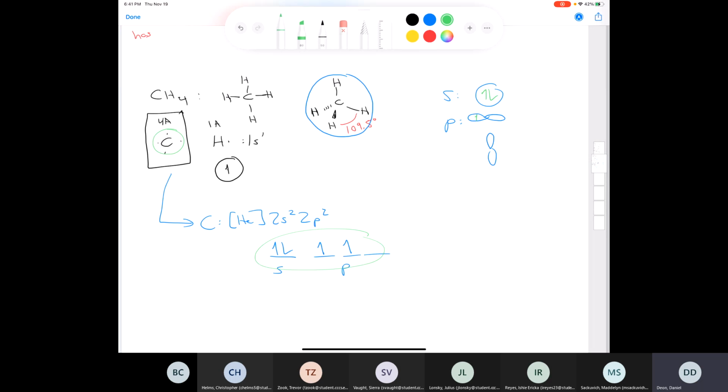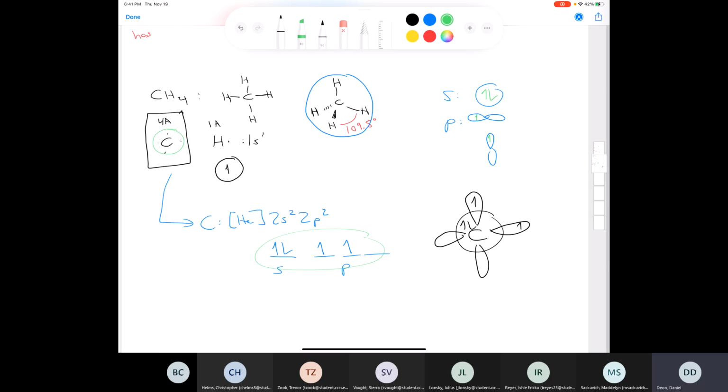If I draw what I could even get from that, I'd have a carbon atom with 2 p orbitals and an unpaired electron in each, and then I'd have a sphere with 2 electrons. That's not going to give me the 4 corners of a tetrahedron. That's impossible. You'd be absolutely right.